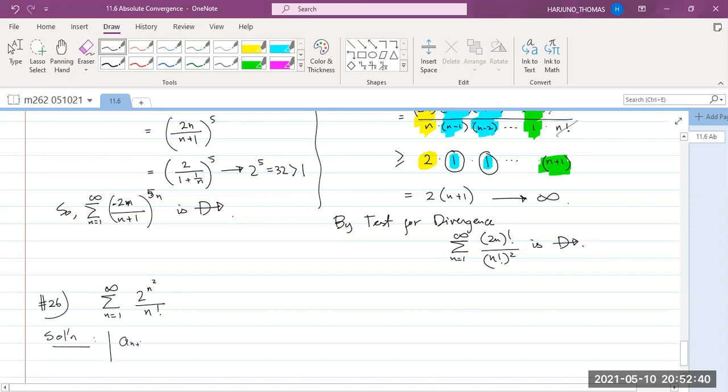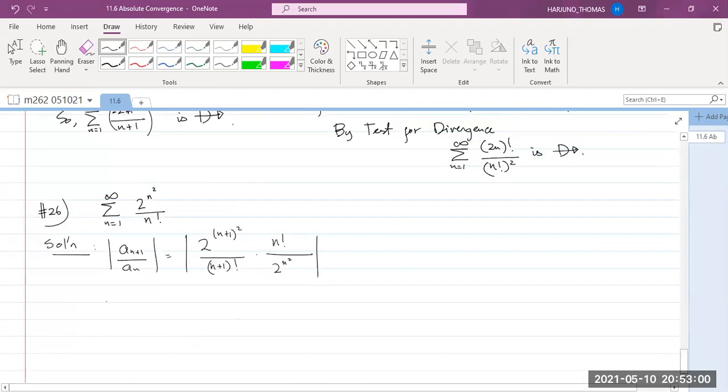So a sub n plus 1 over a sub n is 2 to the n plus 1 squared over n plus 1 factorial, times n factorial over 2 to the n squared. It's all positive numbers, so I can just ignore the absolute value.